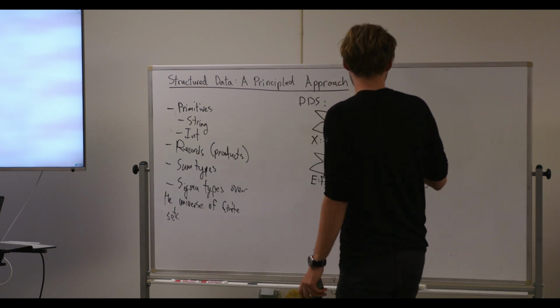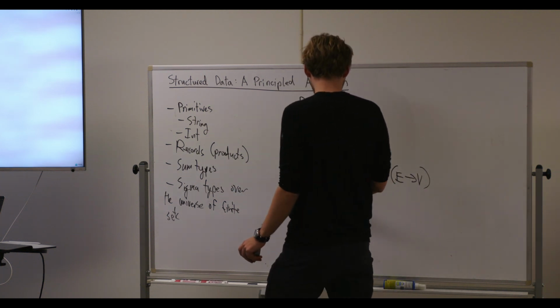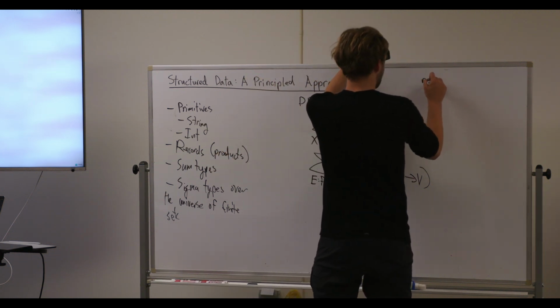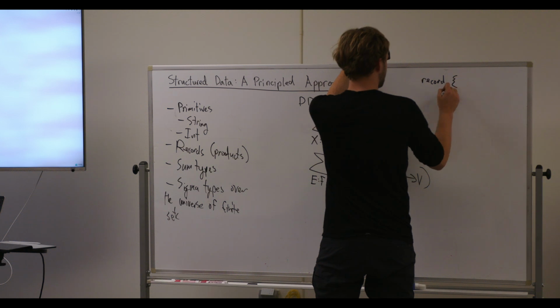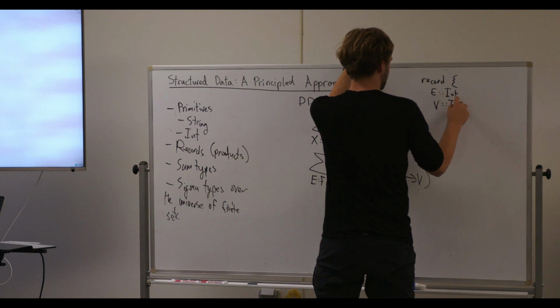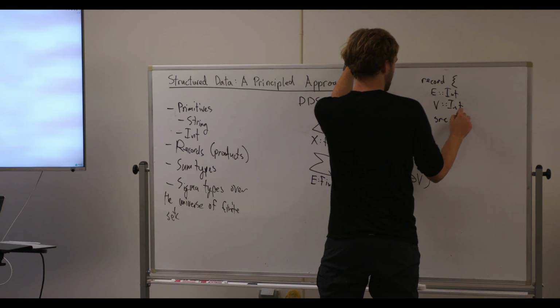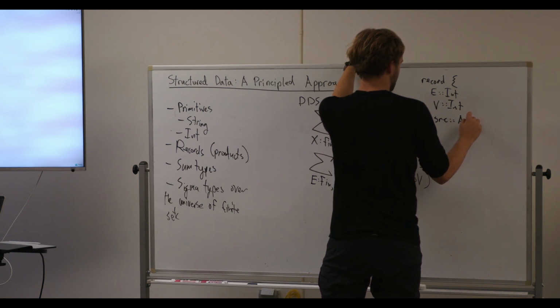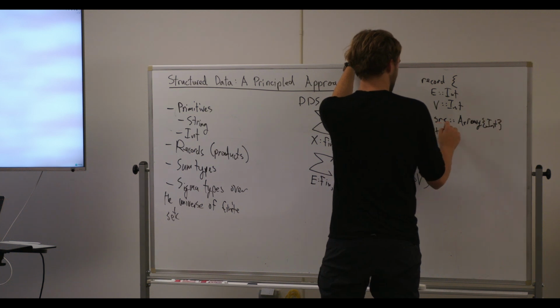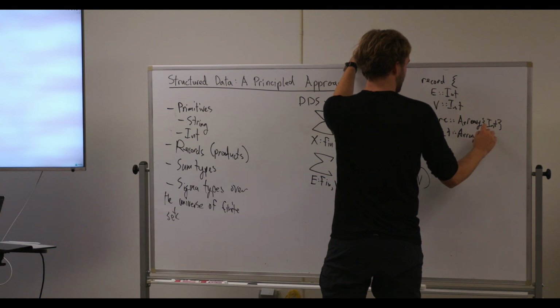Yeah, so the idea is, I could model a graph instead as a record: E int, V int, source array int, target array int.